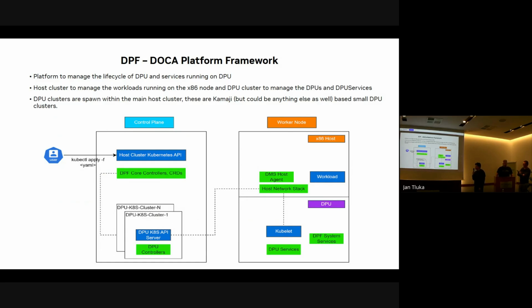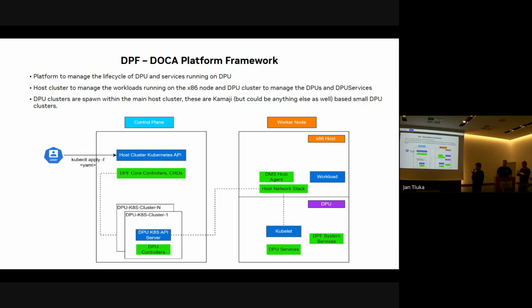This is a typical deployment of DPF, where we have one main Kubernetes cluster where all the core DPF controllers and CRDs are running. In host trusted mode, this manages the workloads that are running on the host as well. And for DPUs, we have small Kamaji-based clusters.